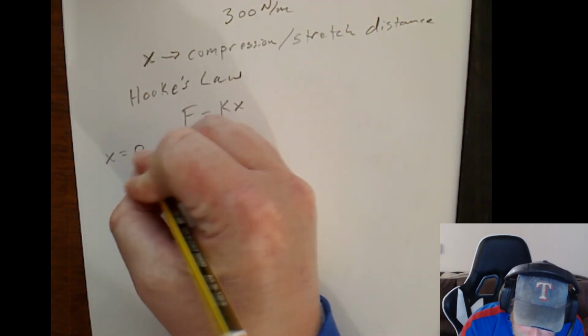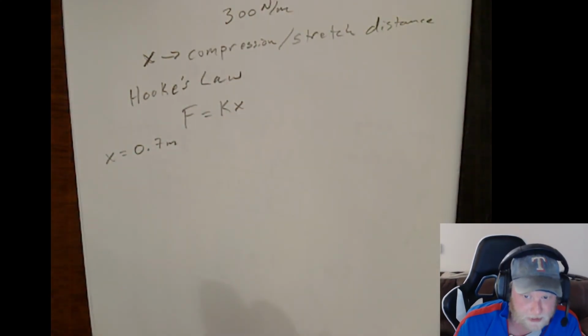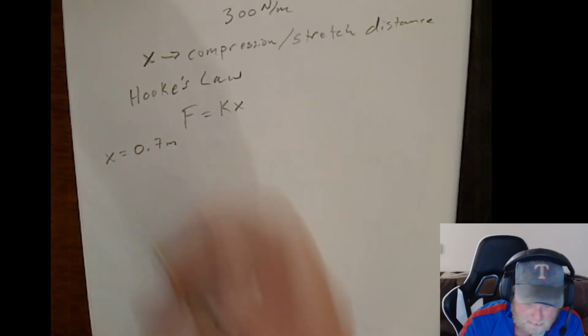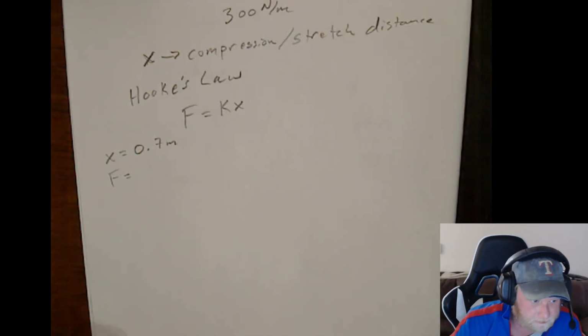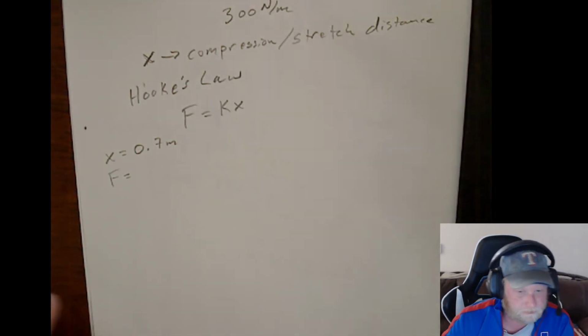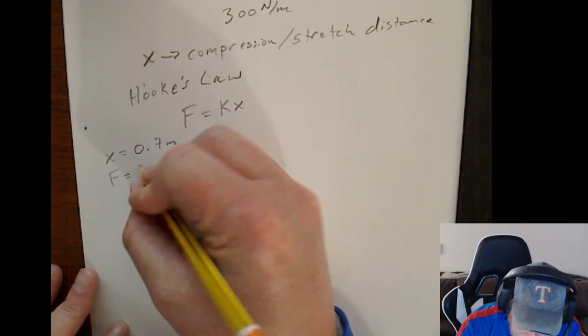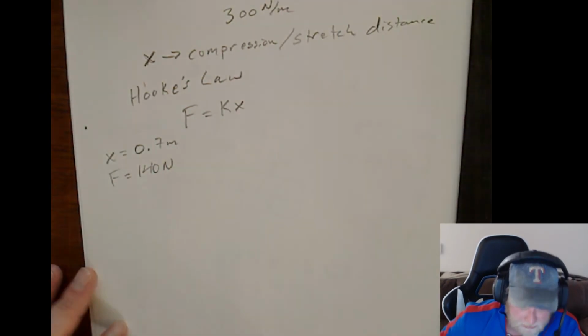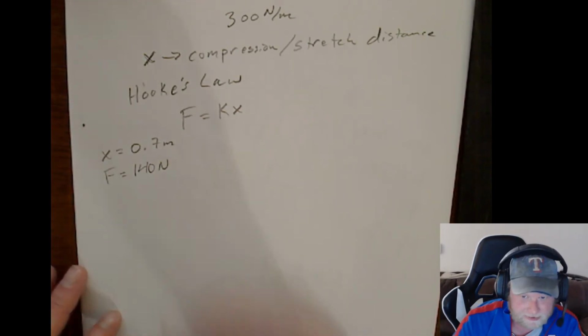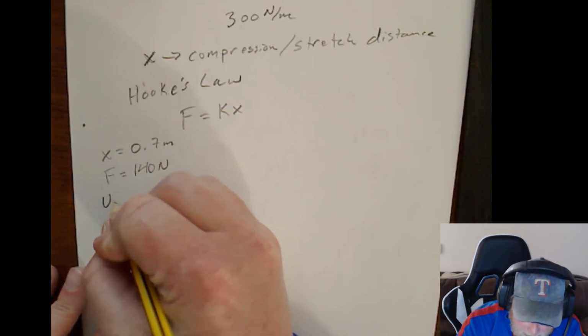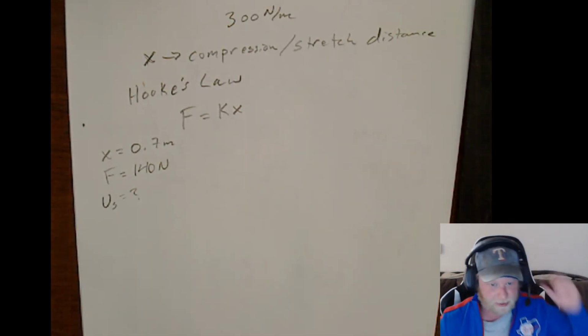So the archer pulls that bow back by 0.7 meters. It takes a force of 140 newtons to compress at that distance, or sorry, to stretch at that distance. And we want to know how much elastic energy is possessed by the bow.